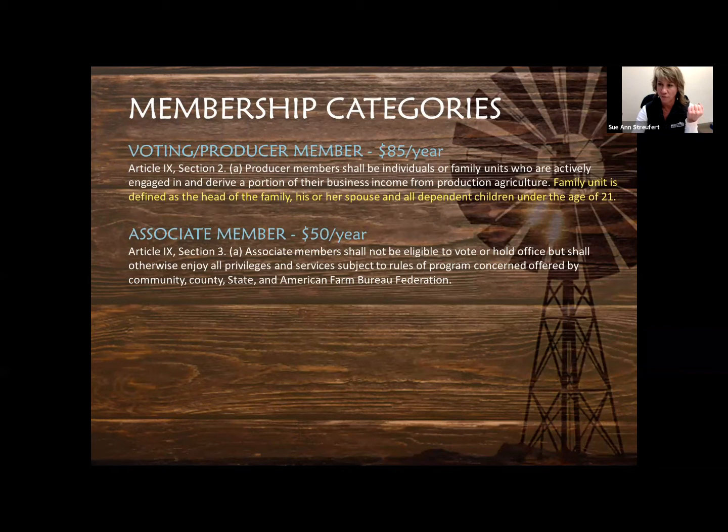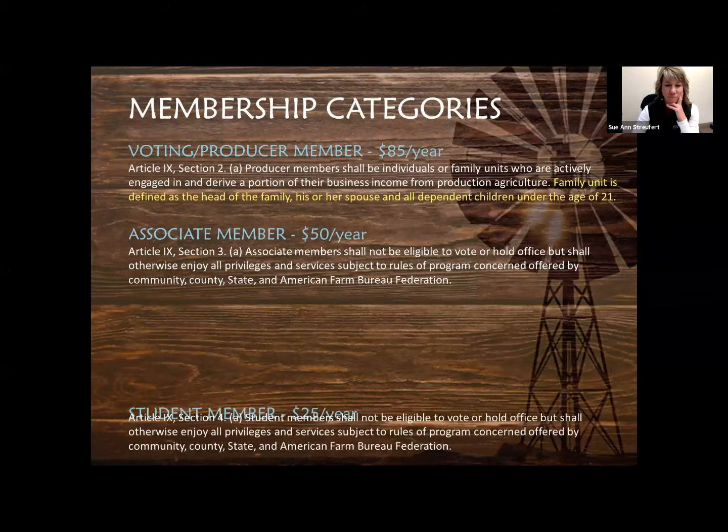So if you have somebody that you want to get involved in your county, they need to be a voting member to be on your county board of directors or actively involved or voting on policy. Your county has to go through that motion to approve them to be a voting member if you so choose. But again, associate members cannot hold office or vote.